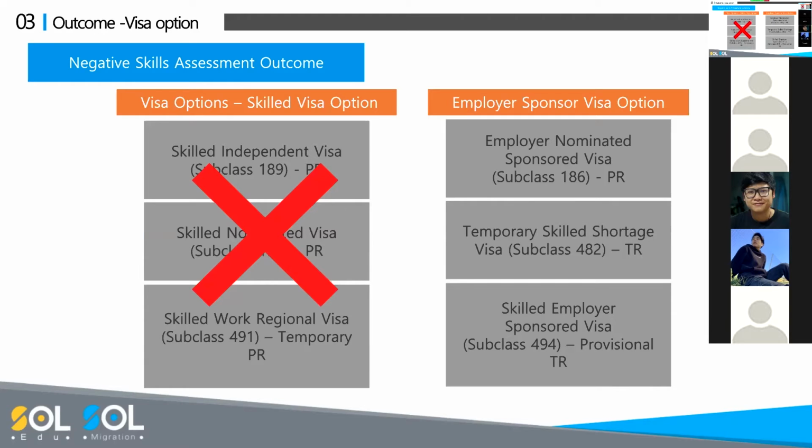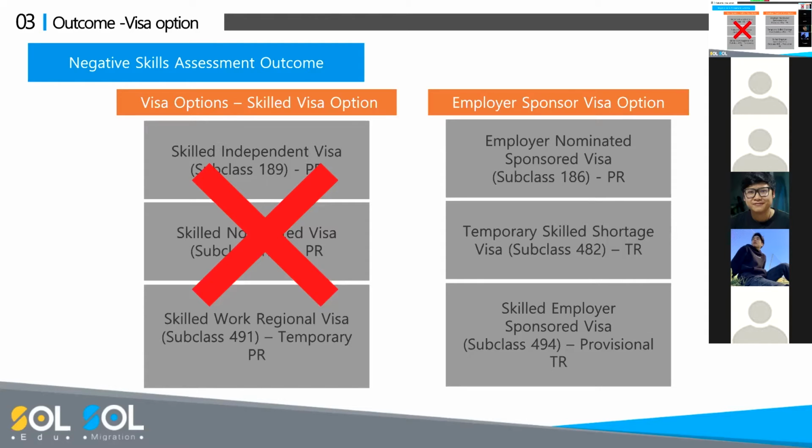But let's say my skill assessment is not completed, meaning I got a negative skill assessment outcome. What can I do? So again, in this PPT, I clearly made a very big X for the skilled visa, because a skilled visa always requires the skill assessment.